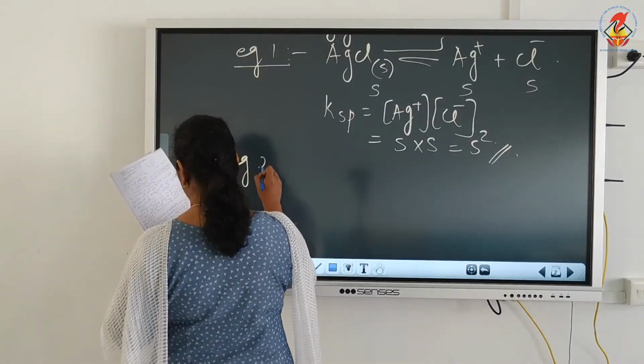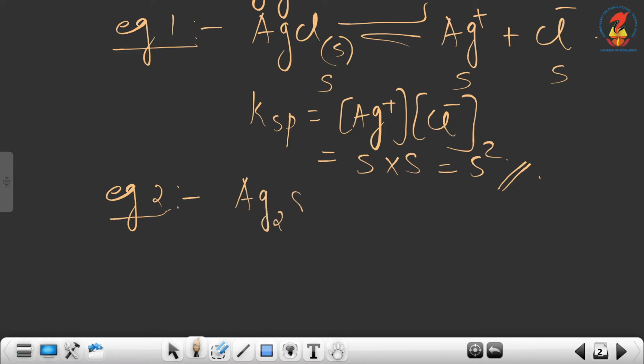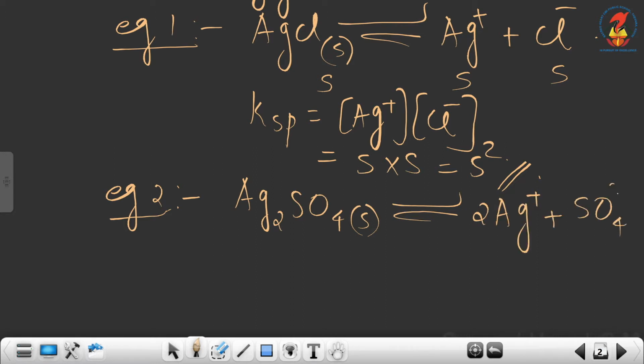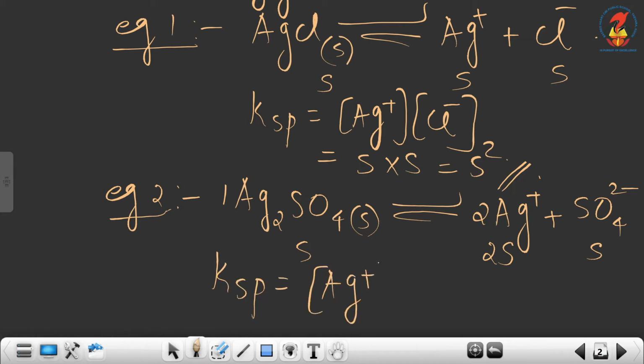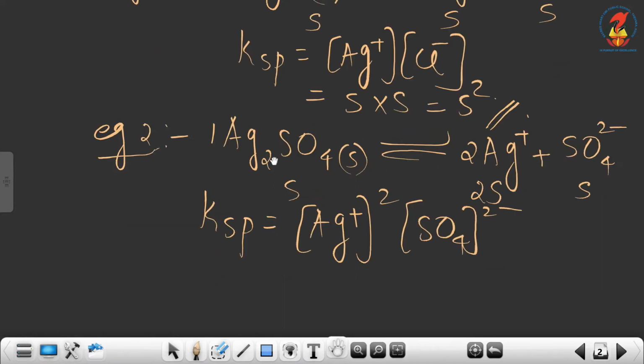Example 2. Ag2SO4 will dissociate to give 2Ag plus and SO4 2 minus. Now Ag2SO4, we have only 1 mole, so let's take the solubility as S. For 2Ag plus we have 2 moles of Ag plus, so 2S is the concentration, and SO4 2 minus, only 1 mole, so we can write S. Now let's write the expression for KSP. KSP will be equal to concentration of Ag plus raised to 2 into concentration of SO4 2 minus.